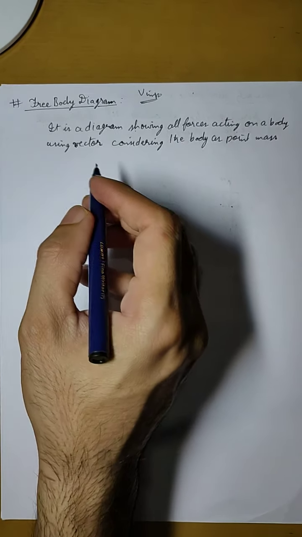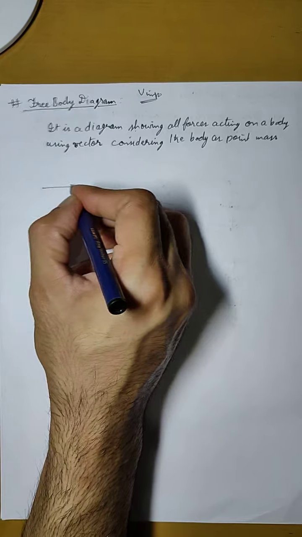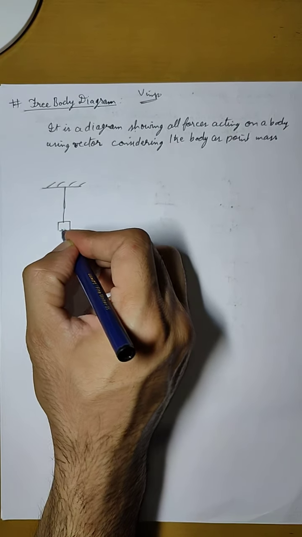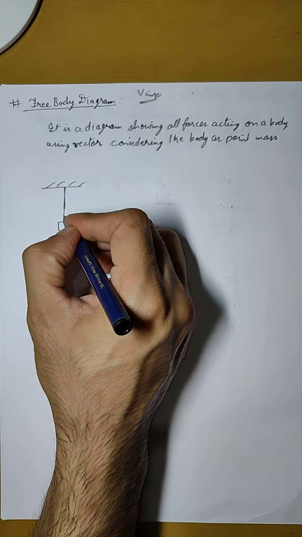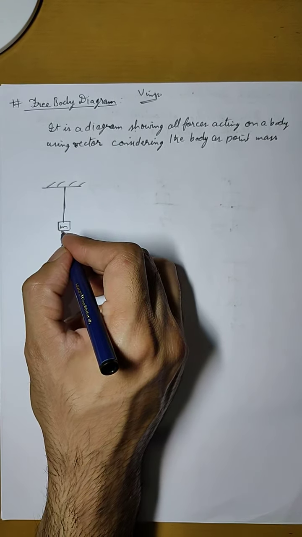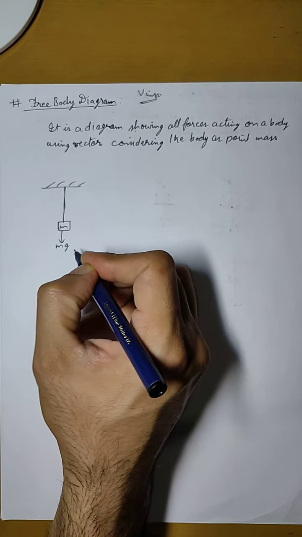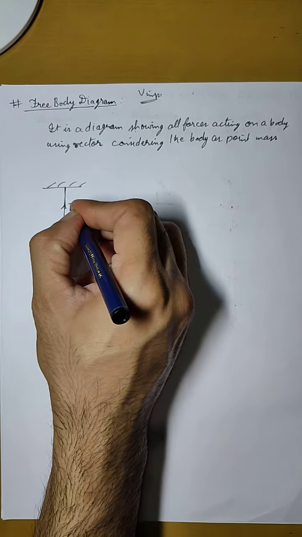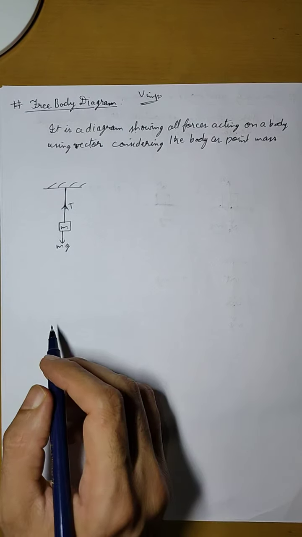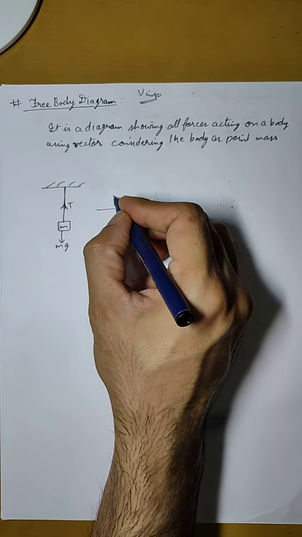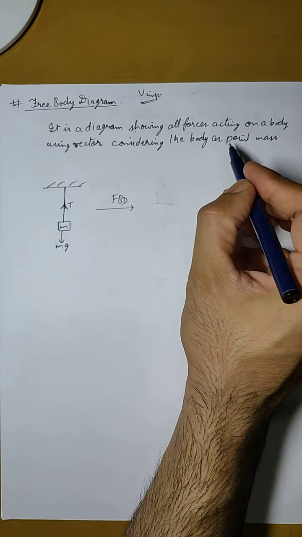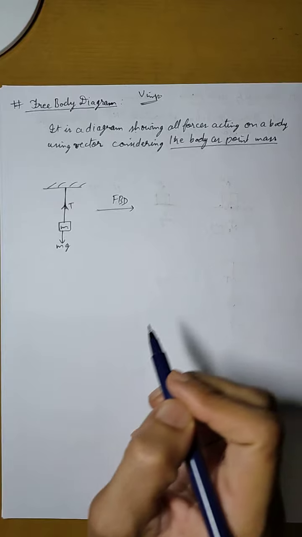What does it mean? Let us do the same example that we did in the last video, that a mass is being hung with the help of a string. Now we know that there will be mg, the weight of the mass, acting downwards, and because of this there will be tension generated in the string in the upward direction. Now if we draw the free body diagram of this situation, then the body is considered as point mass.